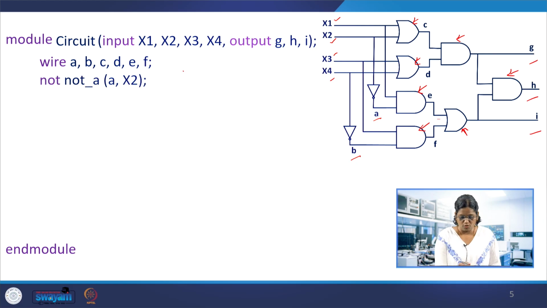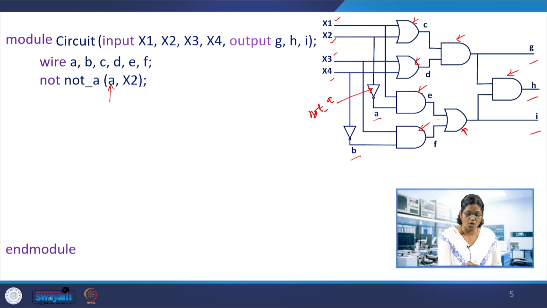That should be noticed, and the instantiation continues, that starts here, with NOT A. So we call it not_A, the input to it is x2 and the output is A. So we follow the order of the definition of the component, that is, when we instantiate, this is an instance statement.